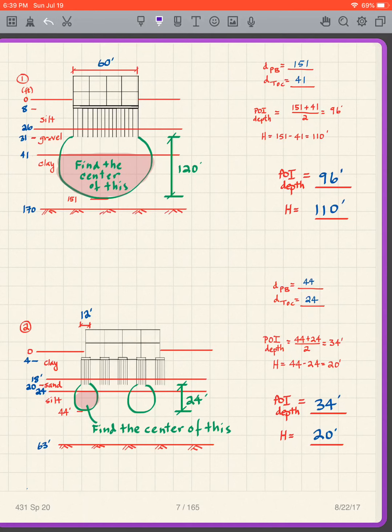I then sum those two and divide by 2. That gives me the point of interest depth. The difference between the two gives me the H. So notice that H is right there. That's 20 feet. So we have both our point of interest depth and our H for the two different types of foundation.